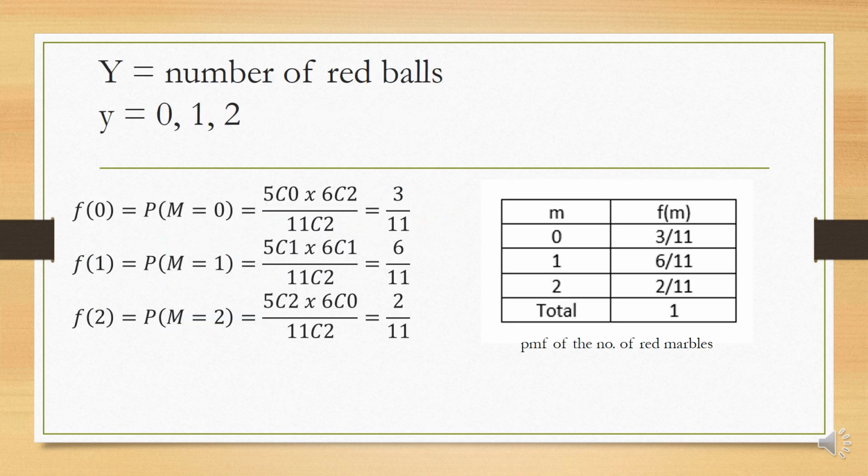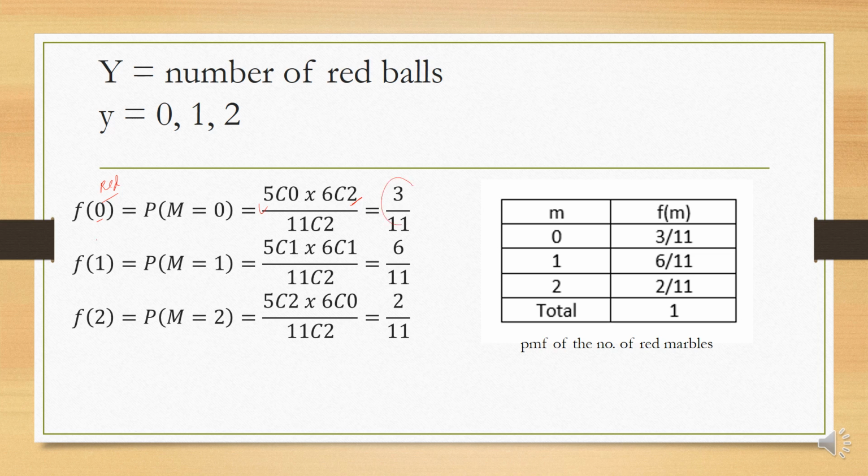For our solution, we will be going back again to the combination techniques that we used before. So, kapag 0 ang red, remember this is the red, no? Kung 0 ang red, ibig sabihin lahat ay white balls. Kaya, ito yung ating 5 combination 0 times 6 combination 2 over 11 combination 2, or 3/11.